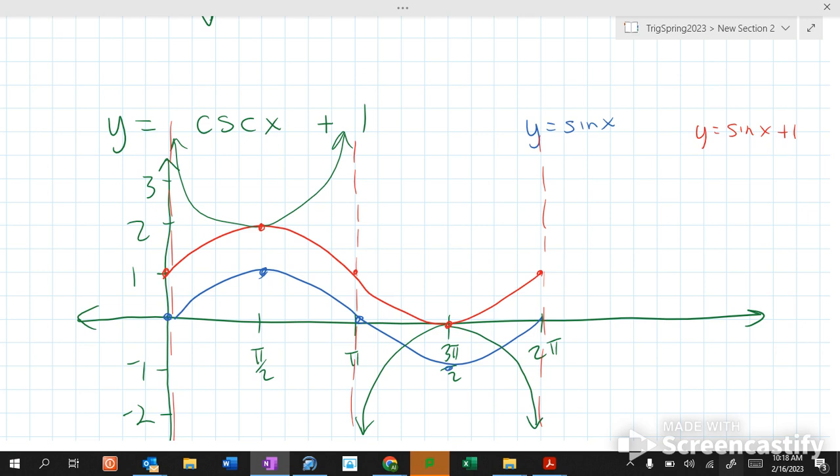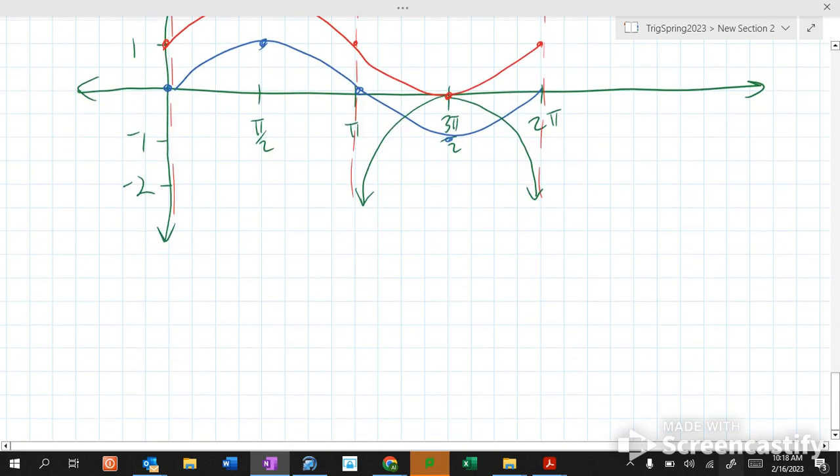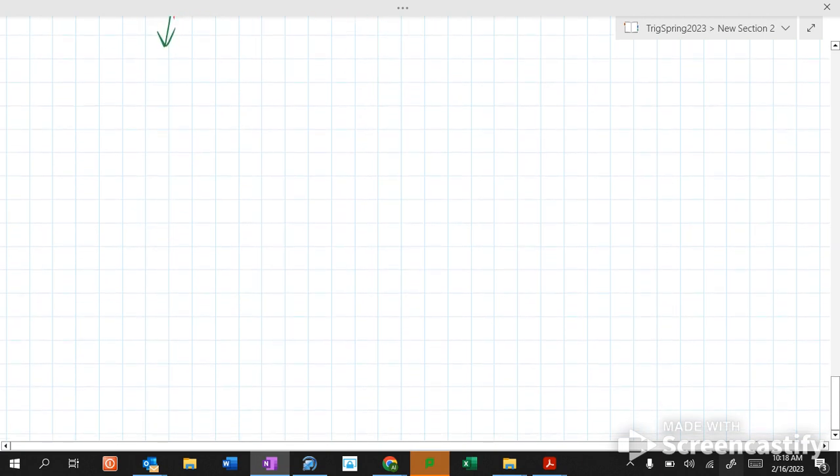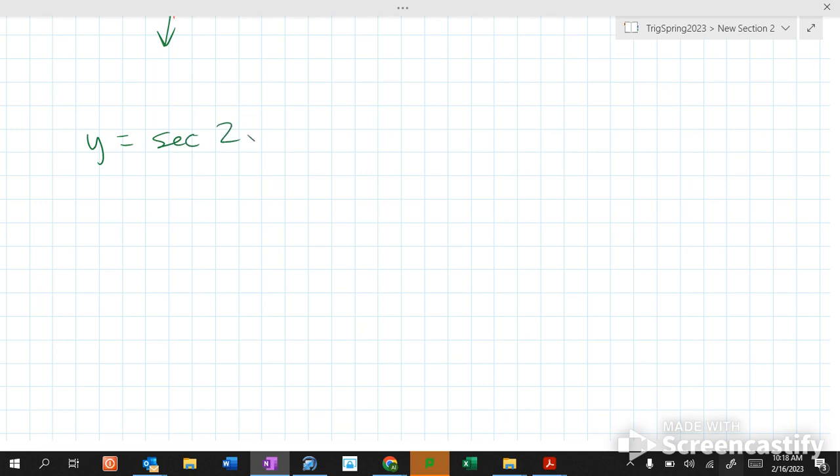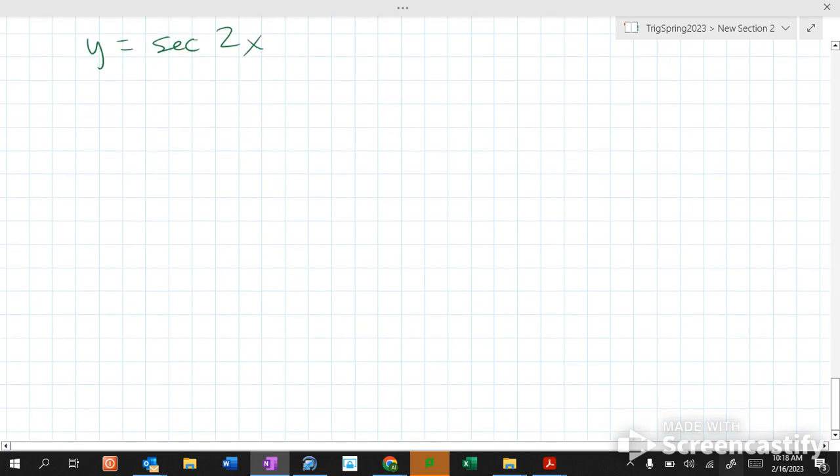Well, that's on a normal curve. And then if you squeeze them down, yep, it's where you squeeze down. But if you're just shifting everything up, it's just a shift up. It shouldn't change that much. Okay? So let's say y equals secant of 2x. What happens here?